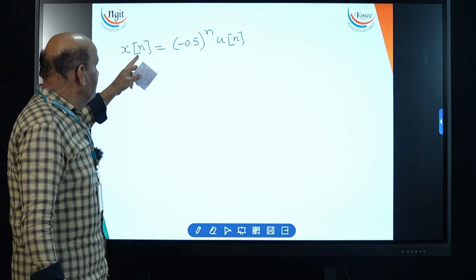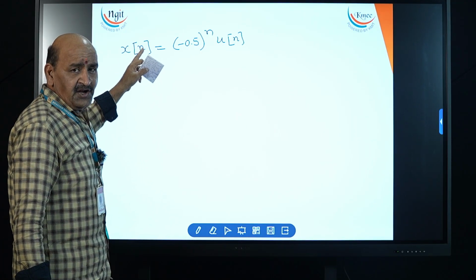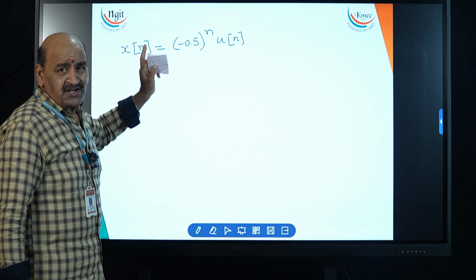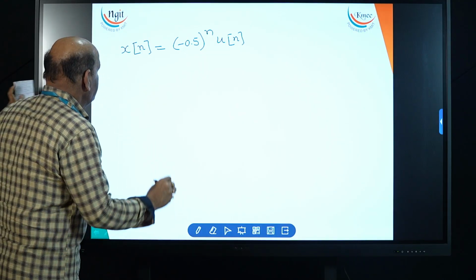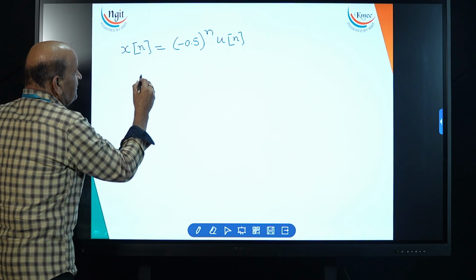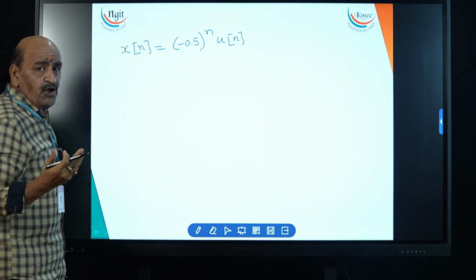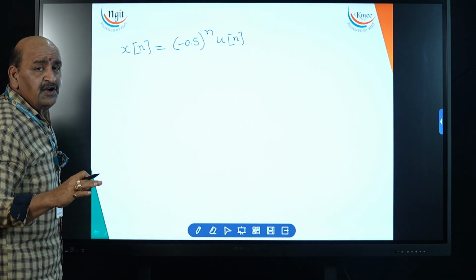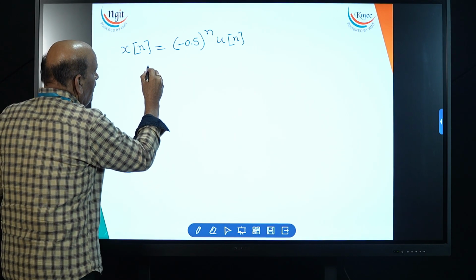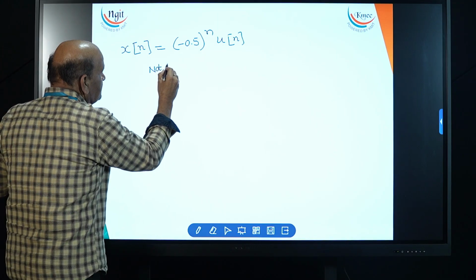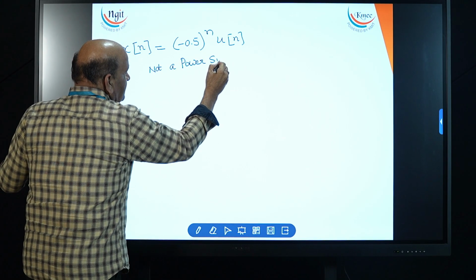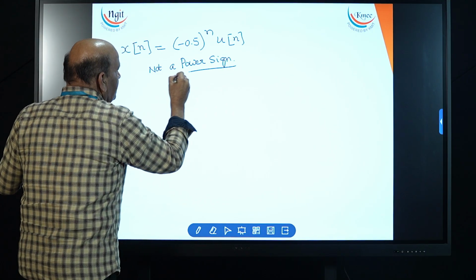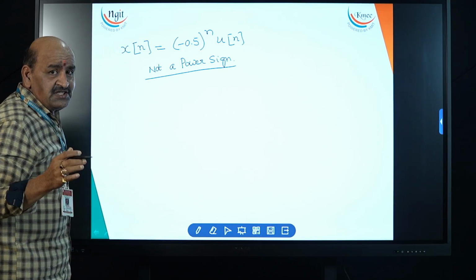In the previous case, we discussed continuous small t. Here, a discrete question is given because n is present. It doesn't contain trigonometric terms, therefore it is not a power signal.